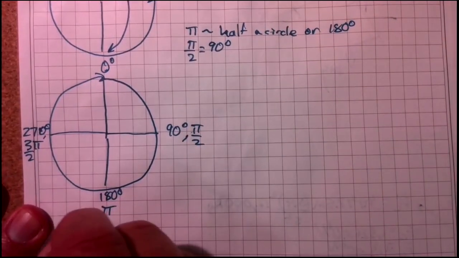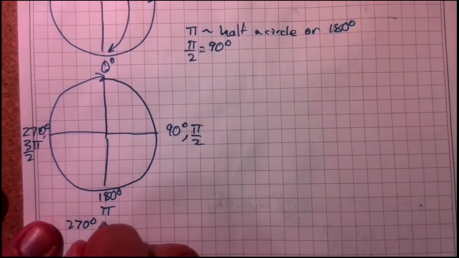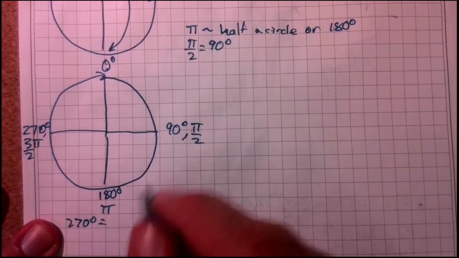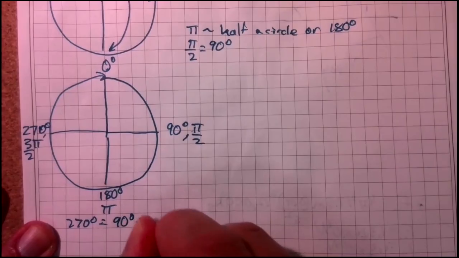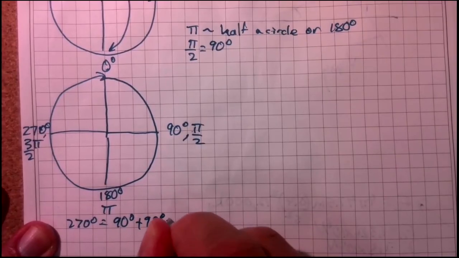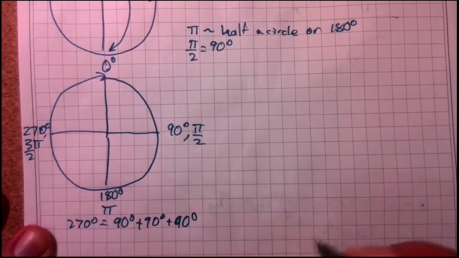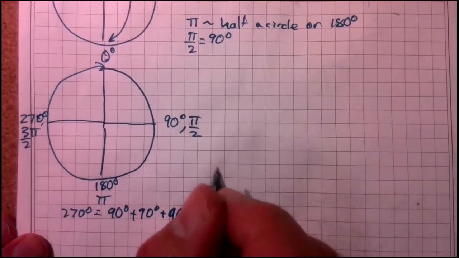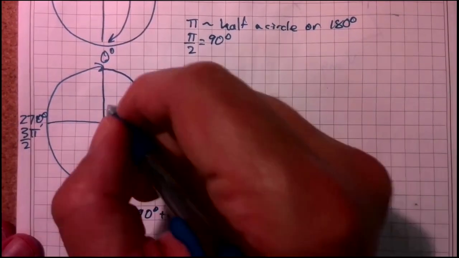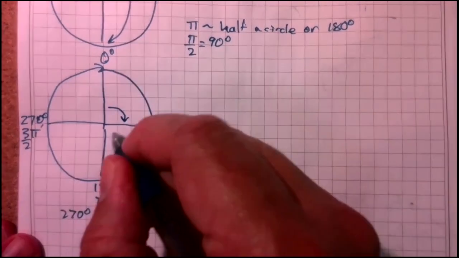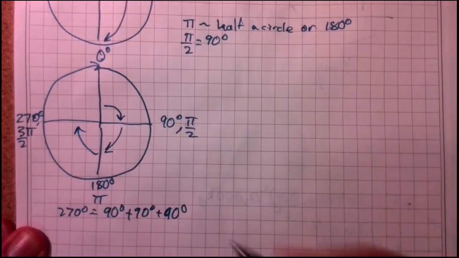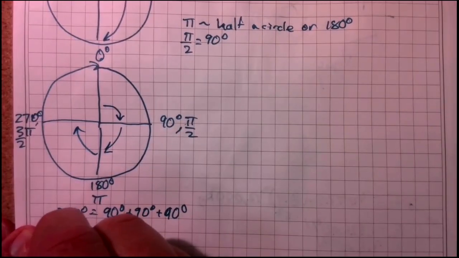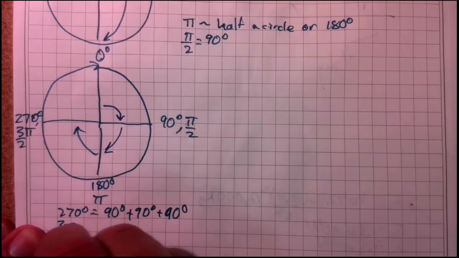And we could get that. We could say, okay, 270 degrees would basically be the same as going 90 plus 90 plus another 90 degrees, right? To get to 270 degrees. So we go one, two, three. Or if we did it in radians, this would be 3 pi over 2.